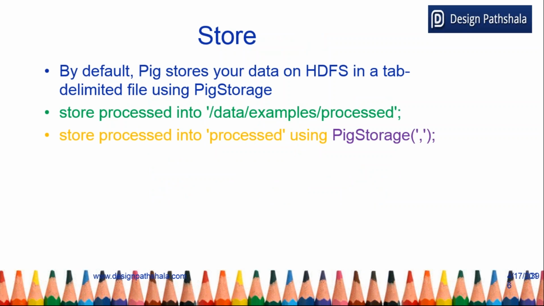So we looked at store. Store data into some location will store your output. If you have created some variable processed, this will output the data of processed into this location. I could have stored it using PigStorage. So this will store my data as comma separated.